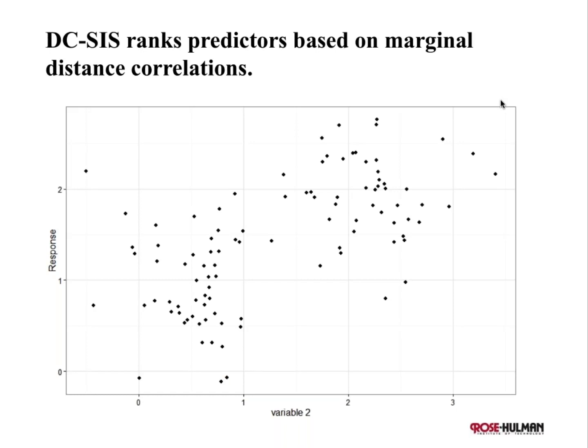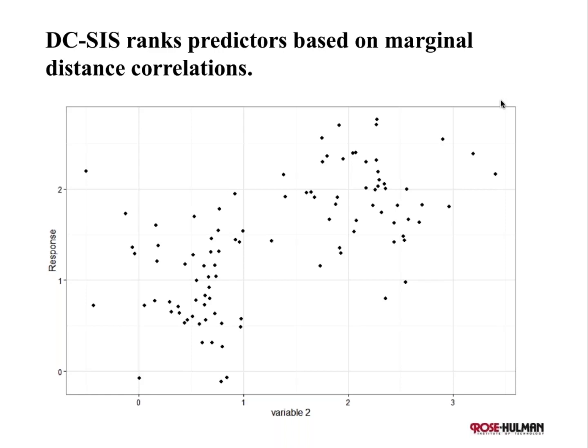The sure independent screening will not be able to pick up this predictor as an important predictor. To avoid that, DC-SIS is proposed, ranking the predictors based on the marginal distance correlation with the response.